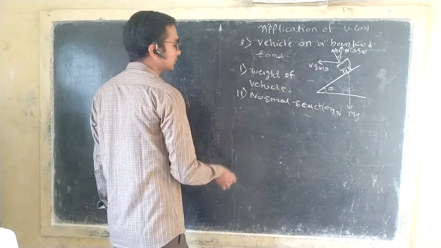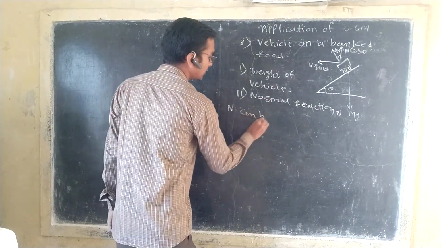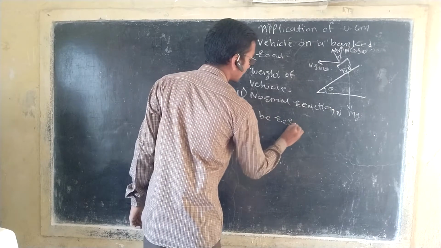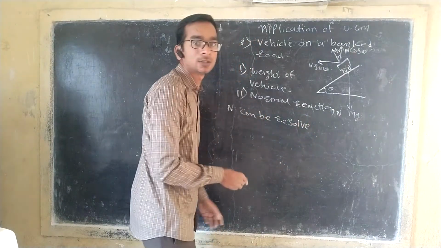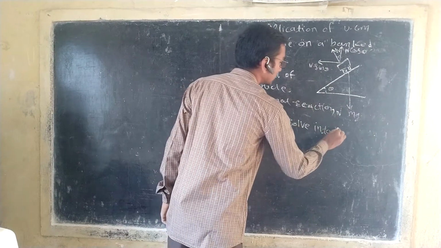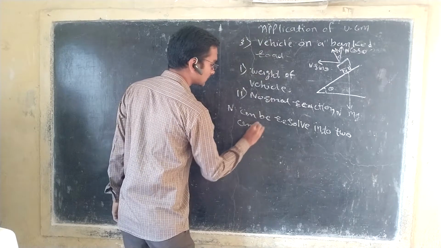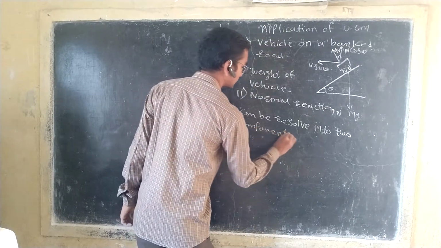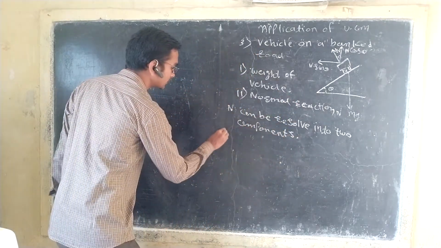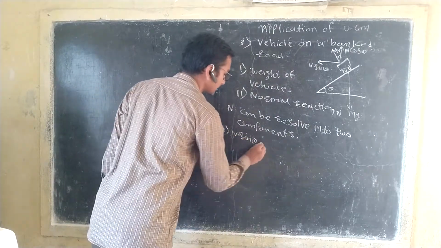Now this normal reaction n can be resolved into two components. The first is n sin theta.